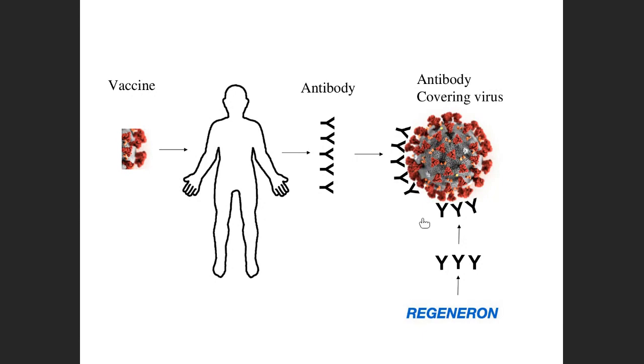Now, recognizing the role of your antibody, wouldn't it be nice if you simply produce lots of antibodies that can simply block this? That's the approach taken by Regeneron. Remember, when Trump was infected, he got treated with a Regeneron antibody treatment.